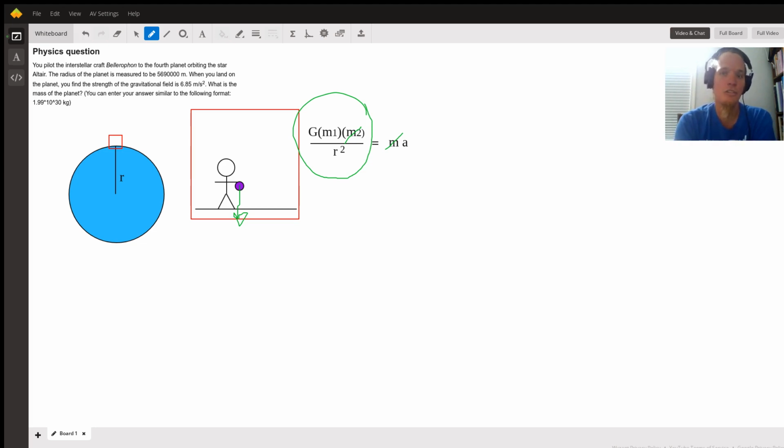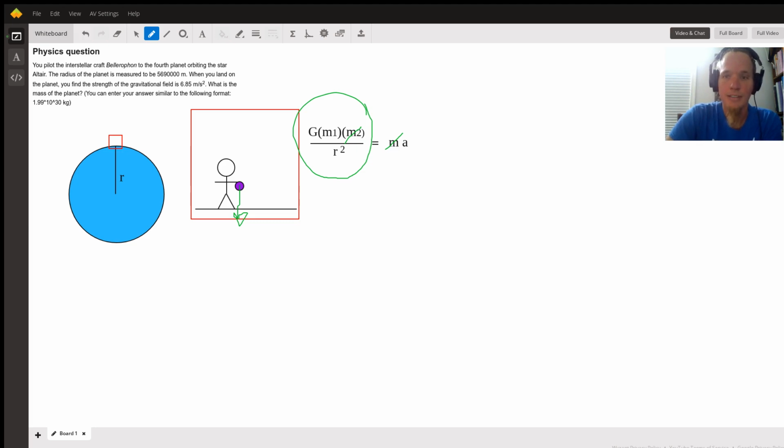And you should also know the large value of G, 6.67 times 10 to the negative 11 Newton meter squared per kilogram squared. Right? So with a little algebraic manipulation, you can solve for the mass of the planet, m1. We would have to multiply both sides by r squared.